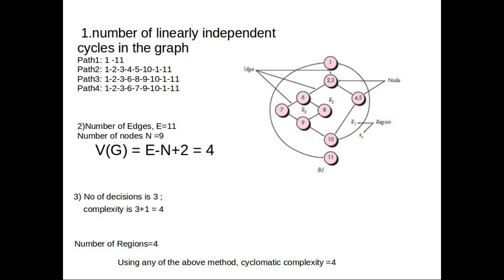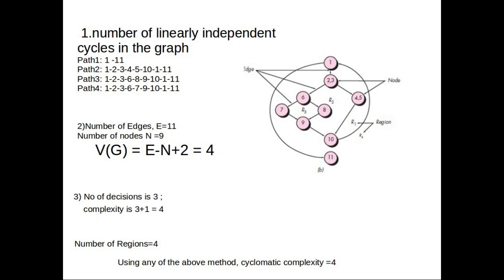Path 1: 1-11. Path 2: 1, 2, 3, 4, 5, 10, 1, 11. Path 3: 1, 2, 3, 6, 8, 9, 10, 1, 11. Path 4: 1, 2, 3, 6, 7, 9, 10, 1, 11.